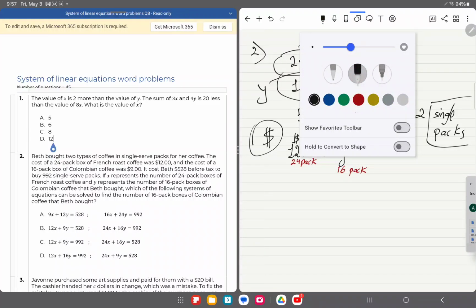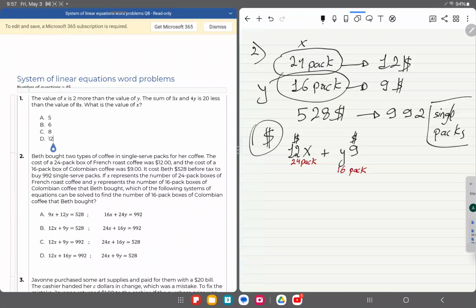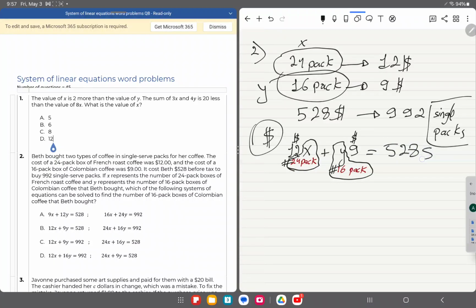So x is the 24 pack and y is the 16 pack. So $12 times the number of 24 packs and 9 times the number of 16 packs. So I'm going to get $528.